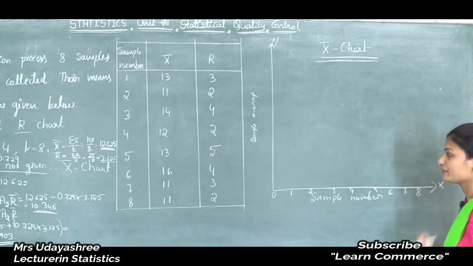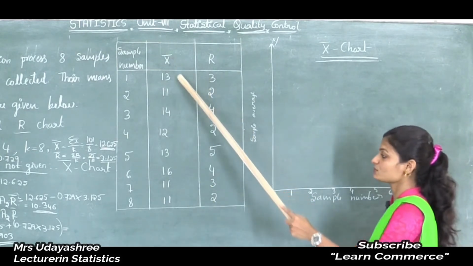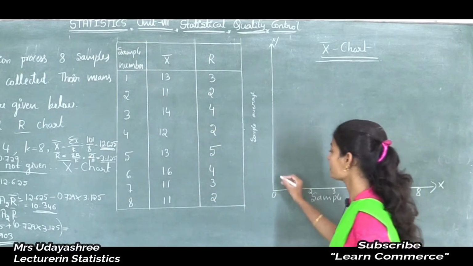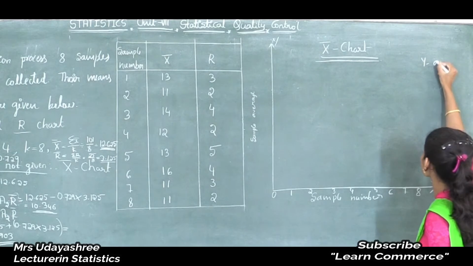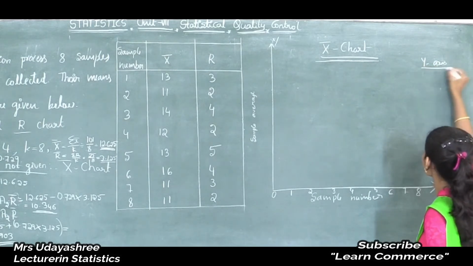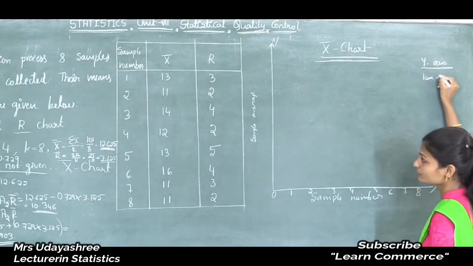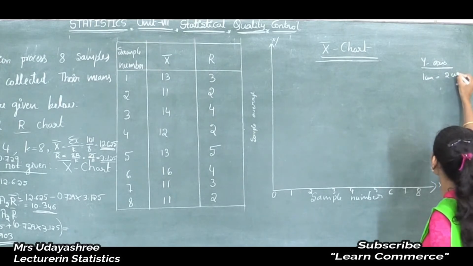So I will stop here only. And here the X bar observations are like this. For our convenience I will take scales like this on the y axis. On the y axis 1 centimeter is equal to 2 units.